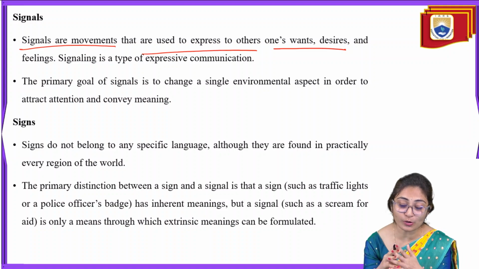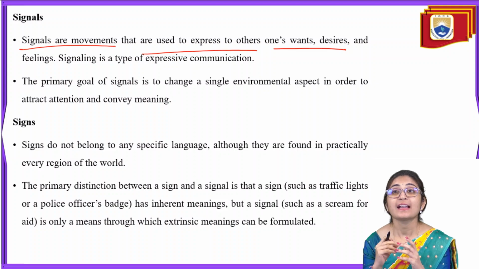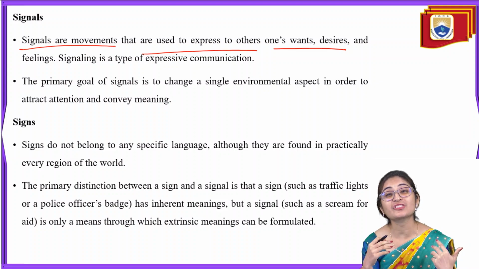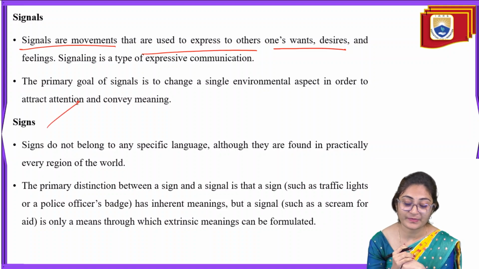The primary goal of a signal is to change a single environmental aspect in order to attract attention and convey meaning. Then the next one is signs.